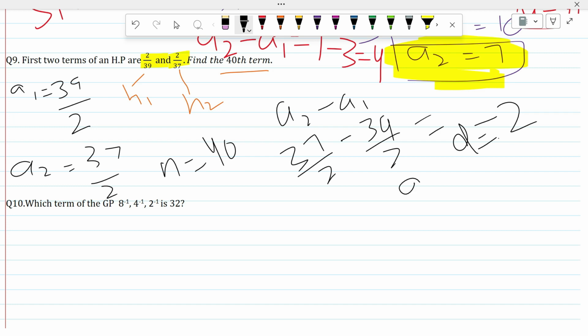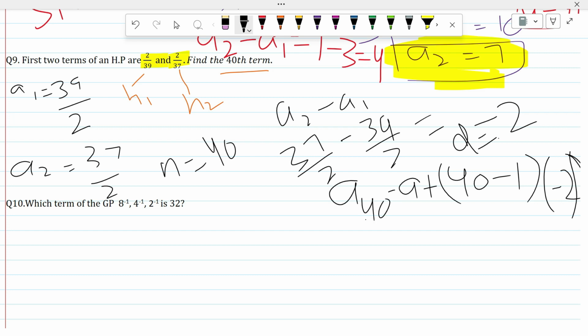What do we have to find now? A plus 40 minus 1 into D. D is minus 2 here. Now do this thing. This is A40. If this is A40, I need to put the value of A, which is 39 upon 2, and this would become 39 into minus 2.